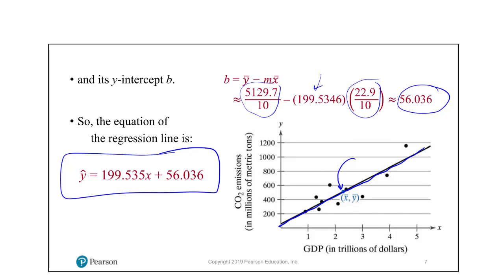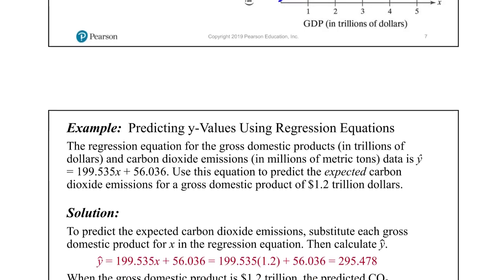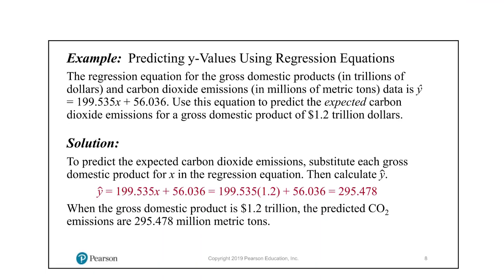So this is a line that we're saying best approximates the linear relationship that we've established between these two variables. Now, once we have that linear relationship, we could predict y values for other x values that weren't in the data set.